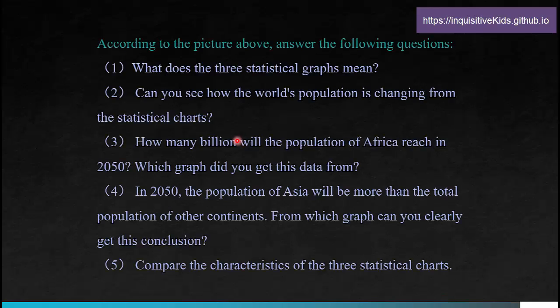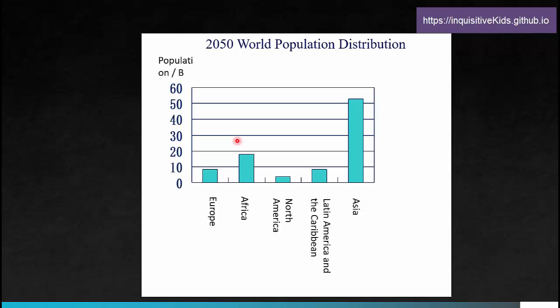Question 5: Compare the characteristics of the three statistical charts. So what type of data can you get from it? This compares each of the continents, it just compares each of the continents' population, but that's about it.